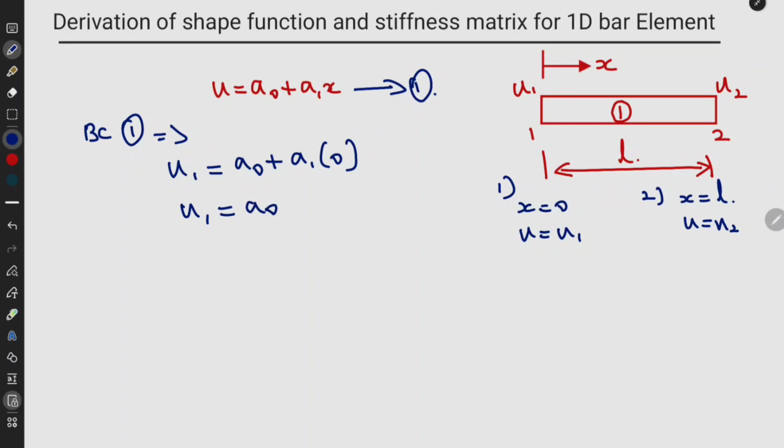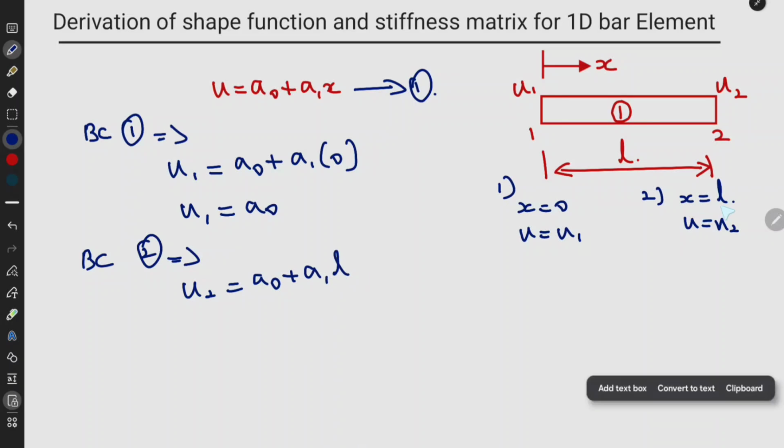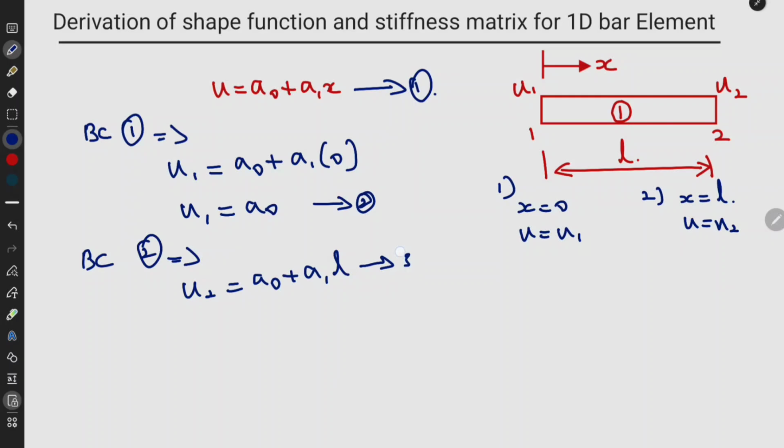Next I am going to substitute the second boundary condition. This is boundary condition 2, so u2 is equal to a0 plus a1 times x, and here x is equal to L. So u2 is equal to a0 plus a1 into L. Now this is my equation number 2 and this is my equation number 3.